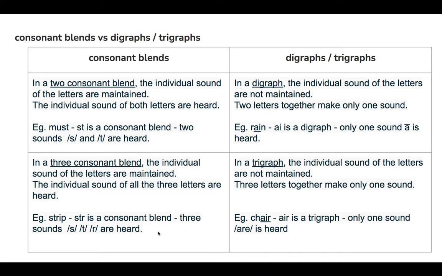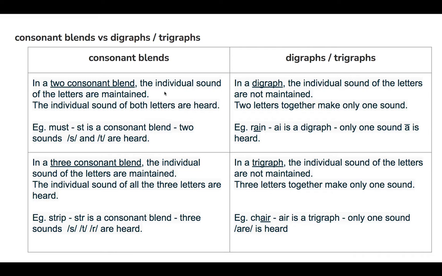The three sounds, s, t, r, are heard when you say the word strip. Whereas in a trigraph, the three letters together make only one sound. For example, chair. Here air is a trigraph. Only one sound, air, is heard.